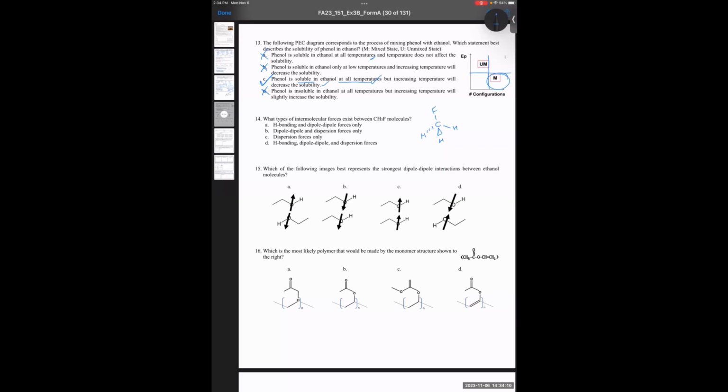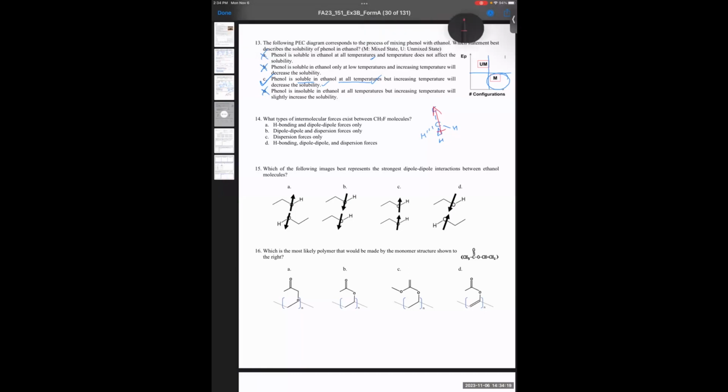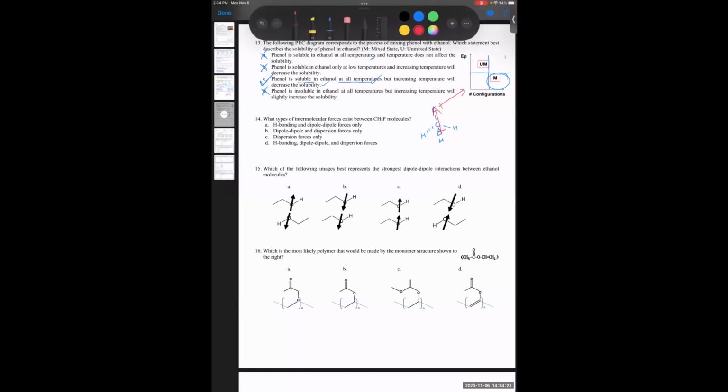There should be a dipole moment going towards fluorine like this. Therefore, there will definitely be dipole-dipole interactions, and there could be another molecule of CH3F.